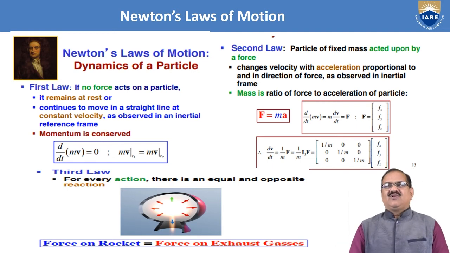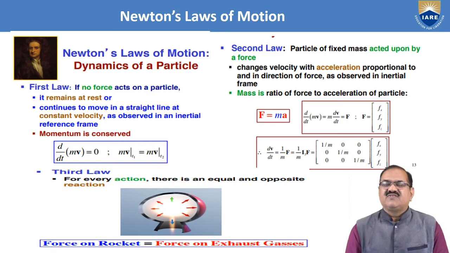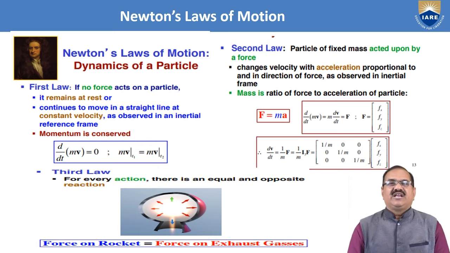Now I will go a little into Newton's laws of motion, because in the next classes we will be discussing them. The first law: if no force acts on a particle, it remains at rest or continues to move in a straight line at constant velocity as observed in an inertial reference frame.